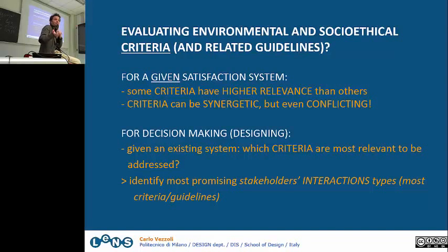And if you know the priority, you know, well, I selected the one that is more important for my system. Okay? So it's good to identify which of the criteria, both among the 6 environmental and the 6 socio-ethical, has the highest priority, because then this will help us address our design effort.